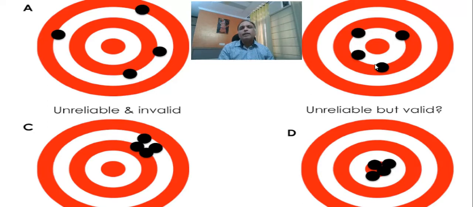So they all are valid but still not reliable. Why are they not reliable? Because they are very close to the domain, but they are capturing different dimensions. One dimension here, this dimension here, this dimension here, this dimension here. So again, this is problematic.